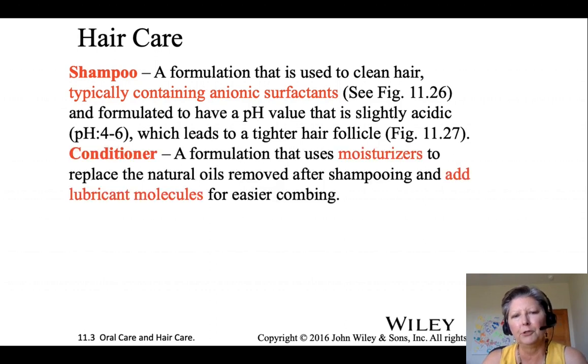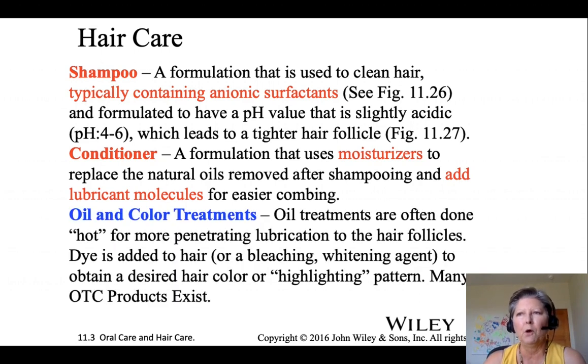A conditioner moisturizes and helps replace the natural oils that we remove when we shampoo, and gives us the look and feel to your hair that you want, especially making it easier to comb out. And then you can get oil and color treatments. Color treatments really do some chemistry on the hair, depending on whether they're semi-permanent, permanent, or bleaching. But we don't plan on covering that.